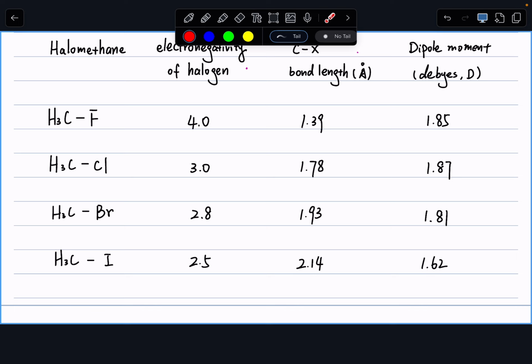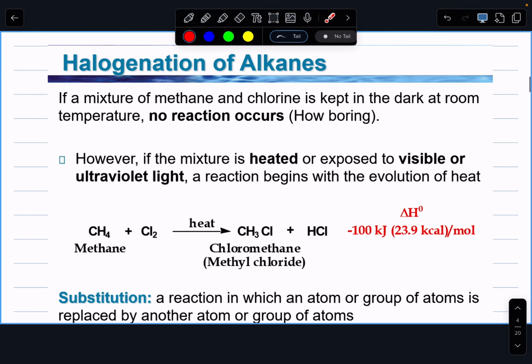All right, and then let's look at reactions. The most important reaction of this part is the alkane halogenation reaction.